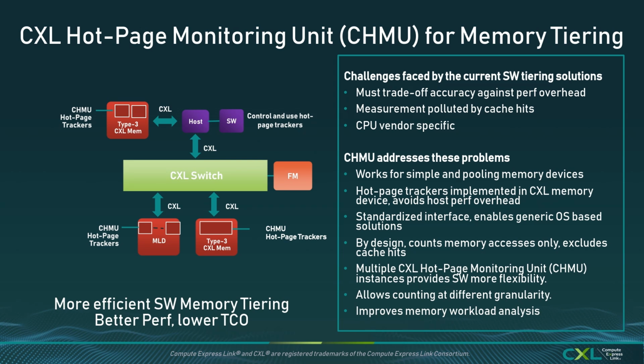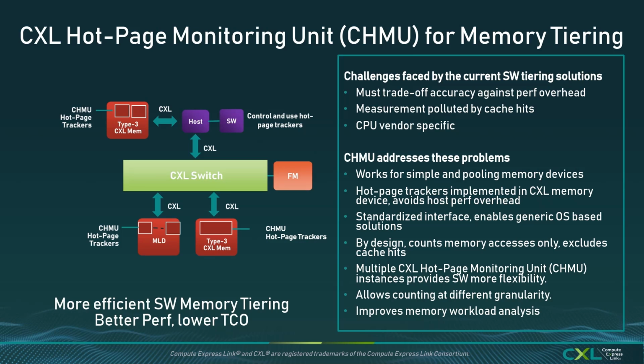The device that's connected to the host has two such CHMU instances, and this one is a pooling device which has two, one for every host, and this device has a single tracker. So these trackers are essentially data structures that figure out which pages are more frequently accessed and keep track of it. And I'll explain that in the next slide.